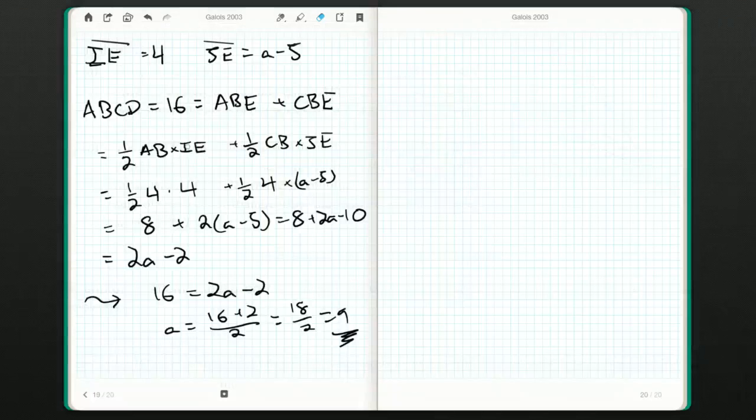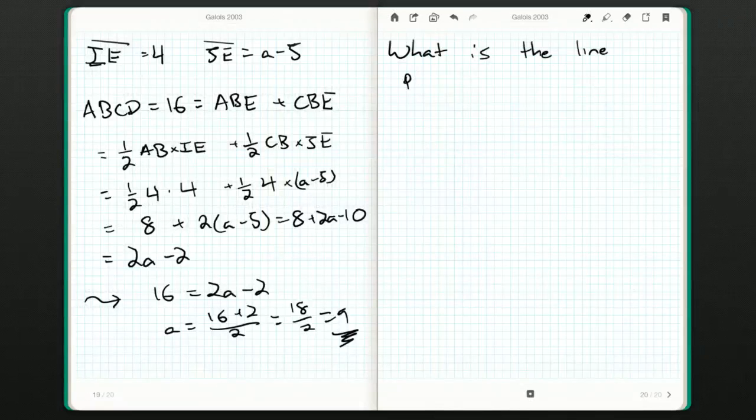So, first thing I want to do is to figure out what is the line passing between M and N. Okay, well, I know the coordinates for M and N, so it's very easy to get the slope.